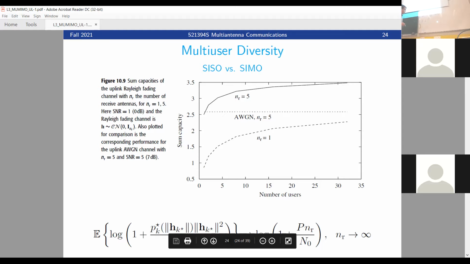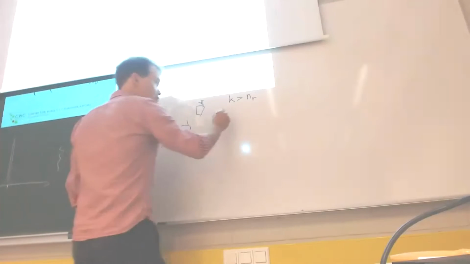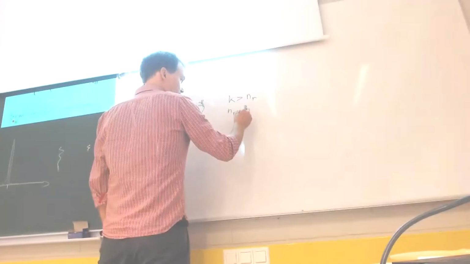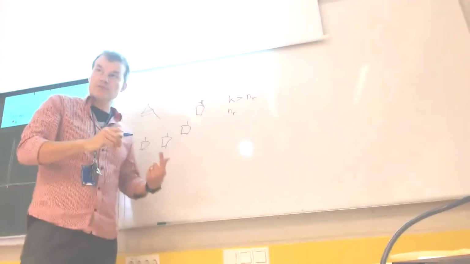Obviously the capacity optimal solution, we know, is to allow every user to transmit and apply an MMSE receiver. But if we now want to do something simpler, we discussed this grouping policy, right? That chooses at most NR, a subset of NR users from K users.